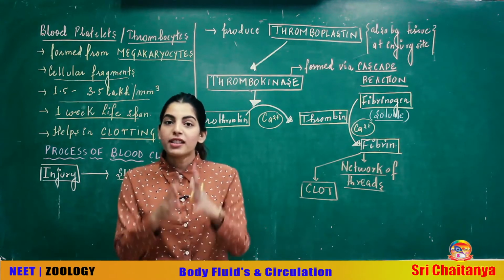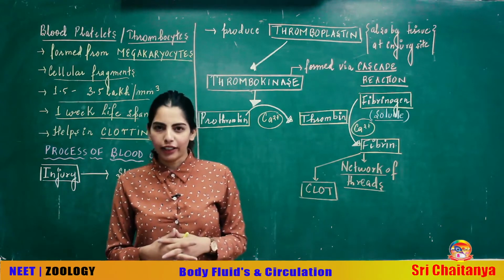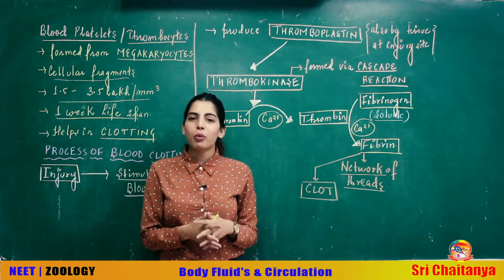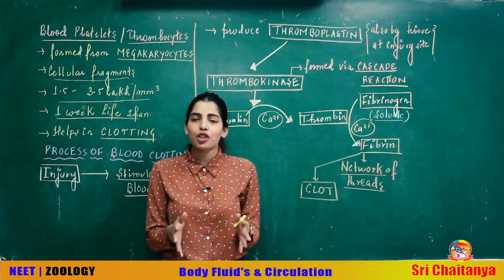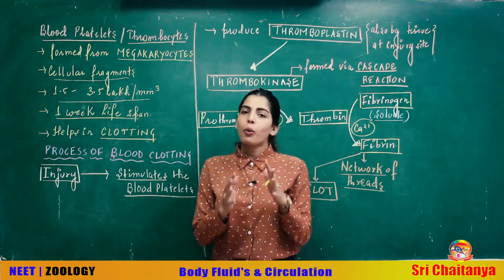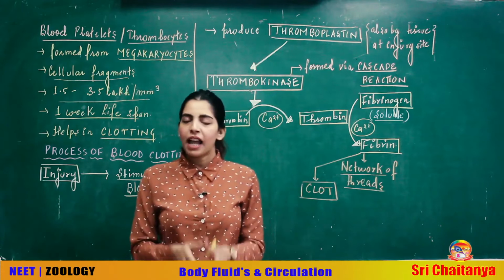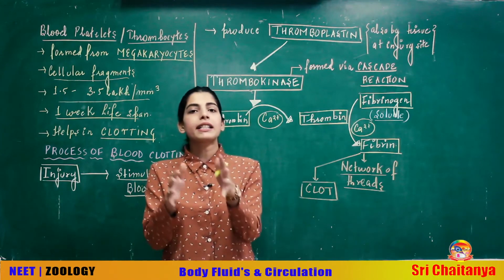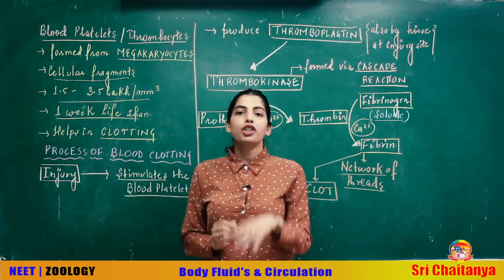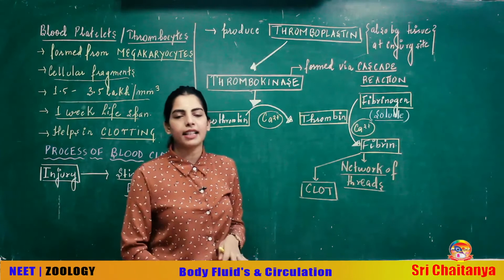We need to know which is the first factor or the first condition that is required for blood clotting. Can you answer me? Actually, the first thing that you require for blood clotting is injury, right? Whenever there is an injury, that is going to stimulate the blood platelets. And when injury stimulates your blood platelets, your blood platelets start producing thromboplastin.